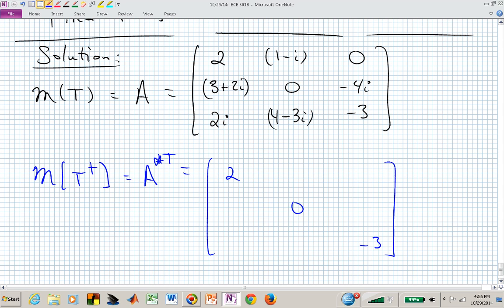Right? So the transpose of the diagonal is the diagonal, and I can conjugate those pretty easily. Then the 1 minus i in the 1, 2 entry jumps down to the 2, 1 entry conjugated, and the 1, 3 entry comes to the 3, 1 location, and that was 0. What's in the 1, 2 entry of my blue matrix?